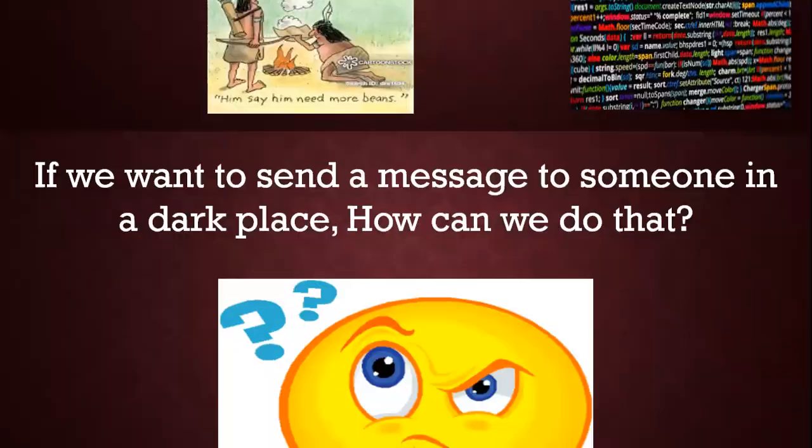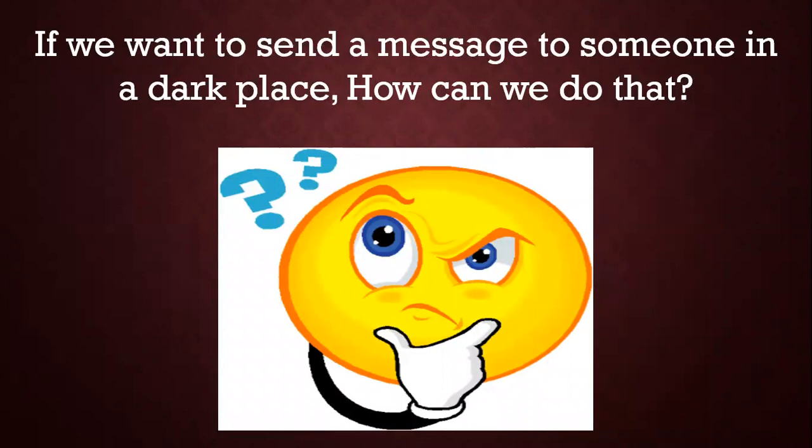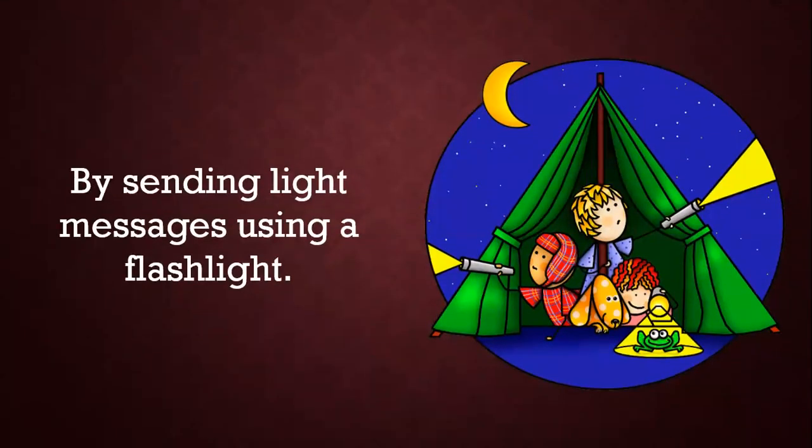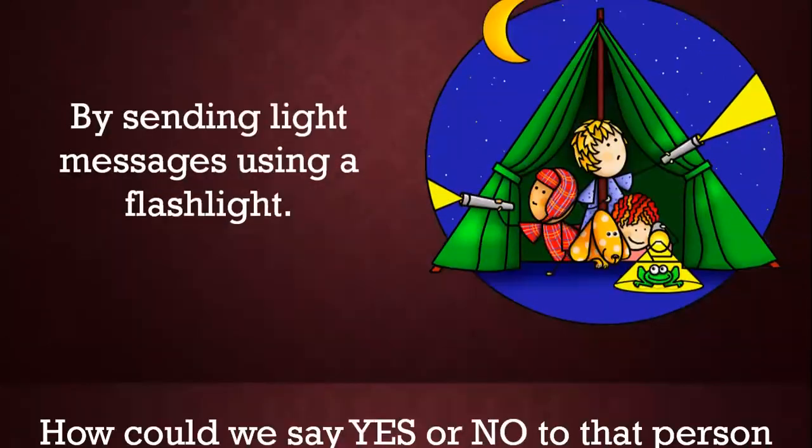Let's think firstly. If we want to send a message to someone in a dark place, how can we do that? Try to think. Very good. We can do that by sending light messages using a flashlight. Let's think again.